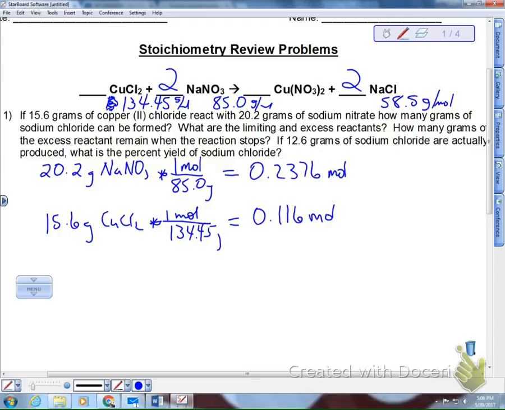Now here's where I do it a little different. Once I get to moles, I divide each of these numbers by the coefficient. What that does is allow me to put everything on an equal mole footing. For example, we use the hamburgers and hot dogs example in my room in pre-AP. If we have 5 patties and 4 buns, what's limiting?